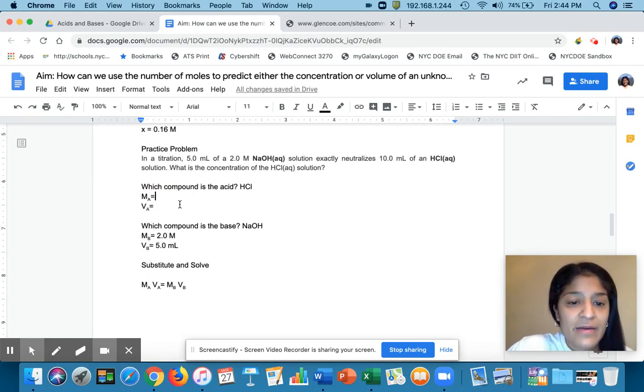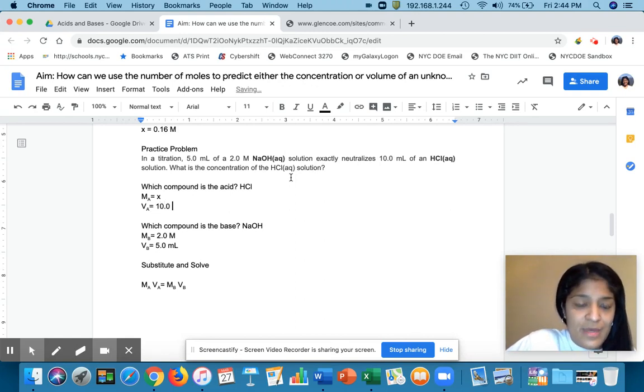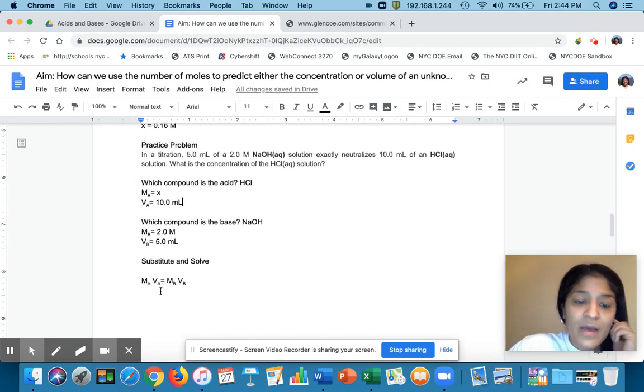And molarity here, we don't have it. That's our unknown again. And the volume, it says we have 10.0 ml. So once again, we have to come here. The molarity of our acid is unknown. We have 10 milliliters of it.